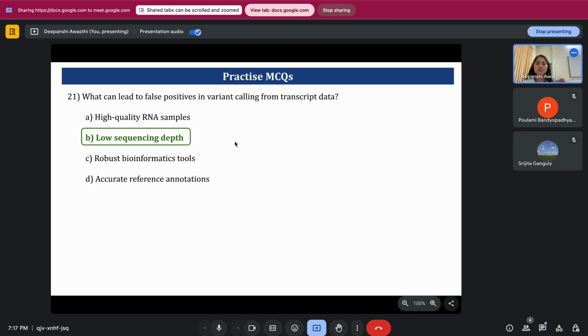When we say depth, that means you have a very low number of sequences present. For example, in RNA-seq, we give emphasis to the number of reads we obtain. If I only have one read, with that single read I'm not confident enough that this particular transcript is available.